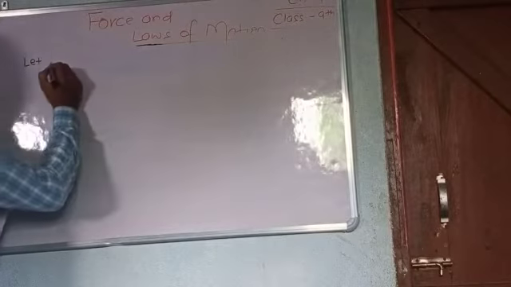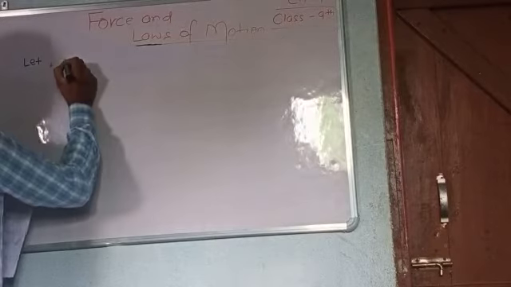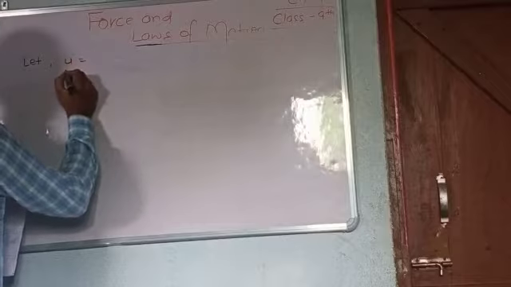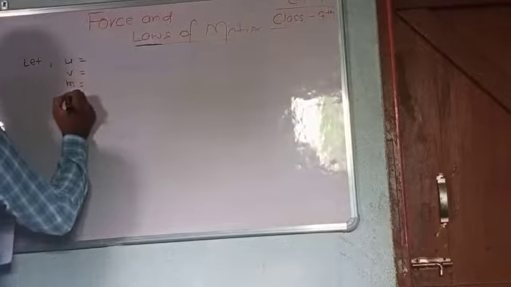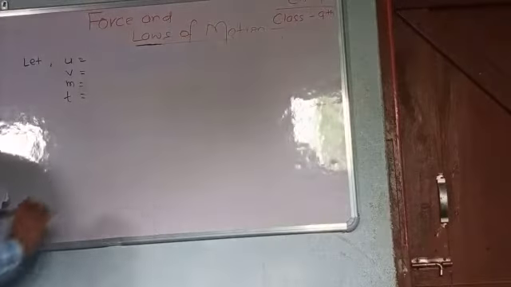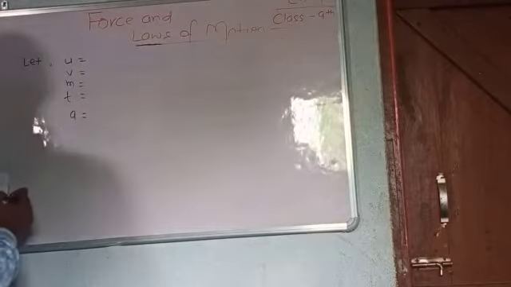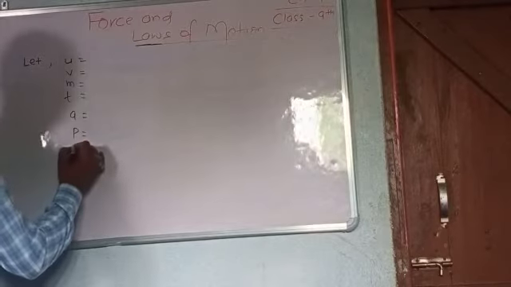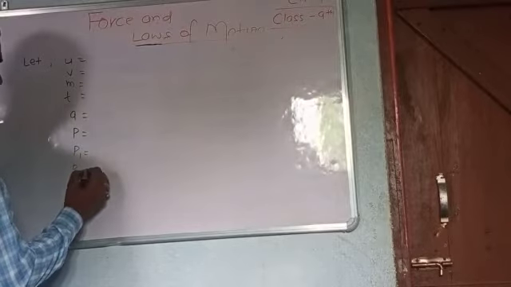Let us assume an object is moving at initial speed u, final speed v, having mass m. The time taken by the object to cover some distance is t, acceleration a, momentum p, initial momentum p1 and final momentum p2.